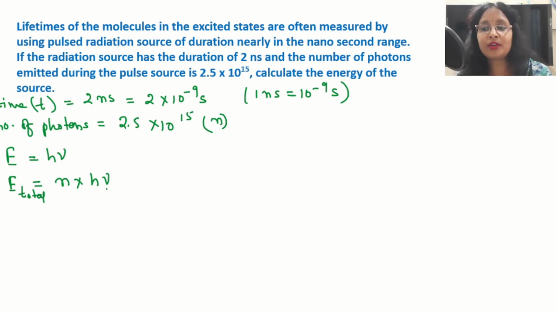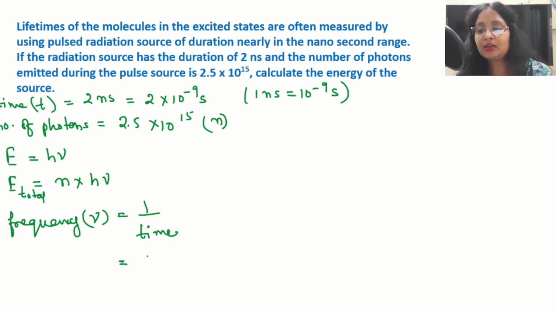Now here N is given, h is a Planck's constant, but mu is not given. Mu is the frequency. Now one thing what we should know is that frequency mu is equal to 1 upon time. From here we can calculate the frequency. So time is given 1 upon 2 into 10 to the power minus 9 second.